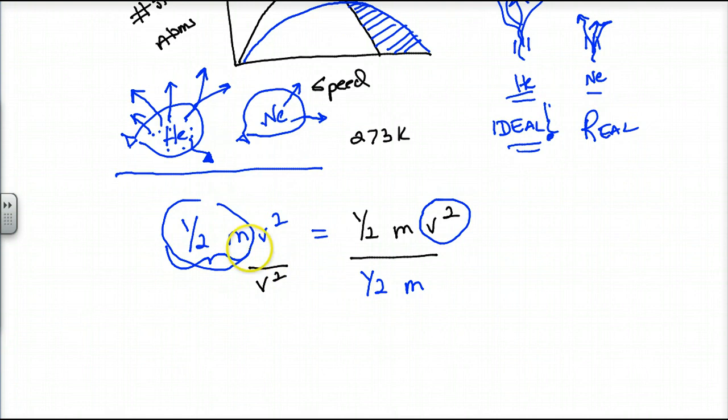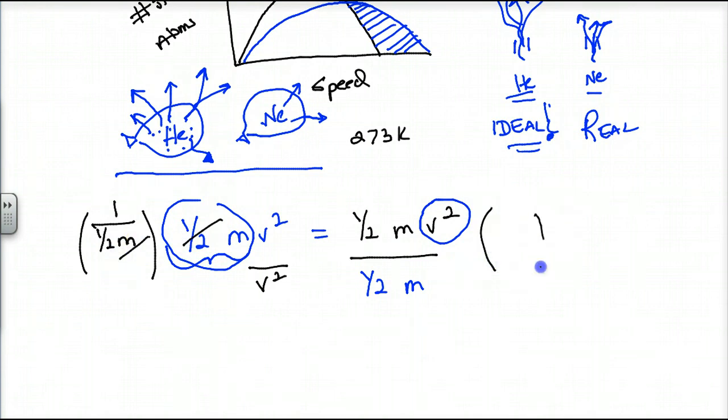So this went to the bottom algebraically. For those people that are still lost, I'm sorry: 1/2 m on this side, 1 over, so that would cancel. And I multiplied this side by 1 over 1/2 m. It's a different 1/2 m, so that's why that went to the bottom.